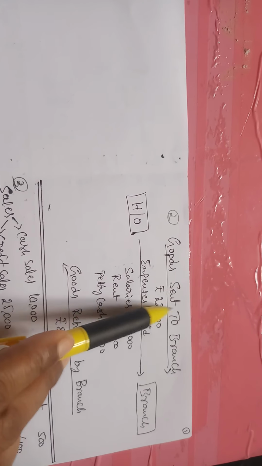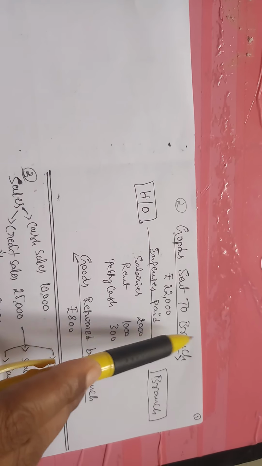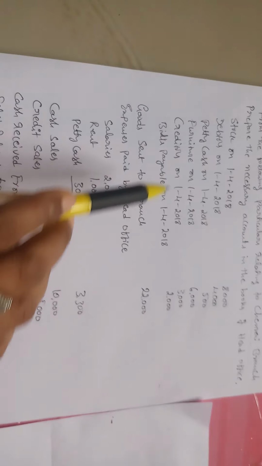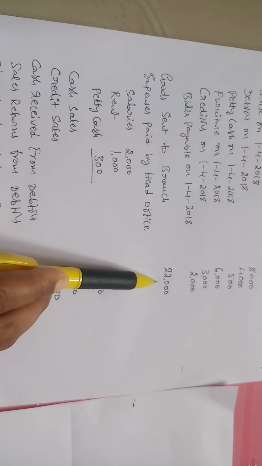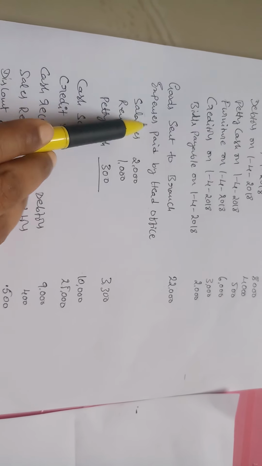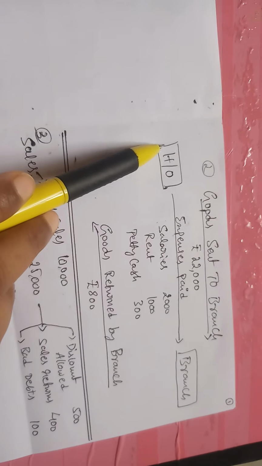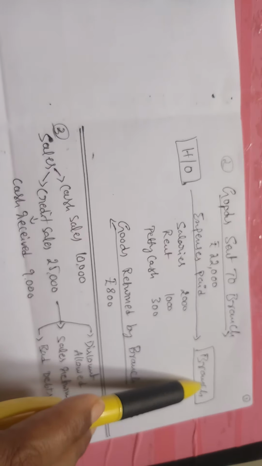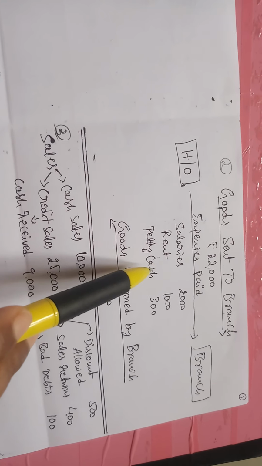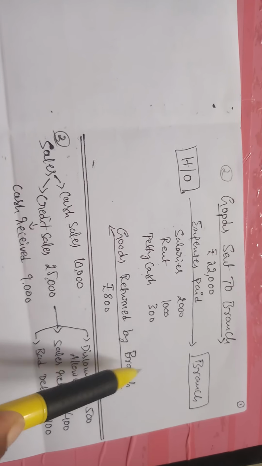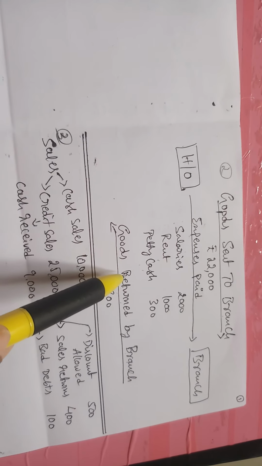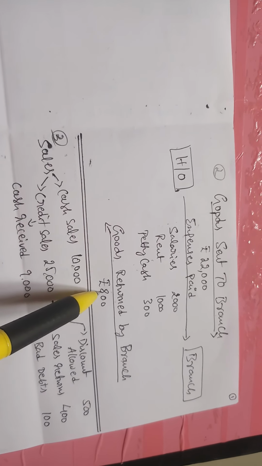How much did they send? 22,000. In the problem, goods sent to branch is 22,000. The remaining expenses are sent to the branch from the head office, so I'm taking the expenses the head office sent to the branch. What are the expenses? Salary, rent, and petty cash. So I wrote here. Next, goods returned by branch. Goods returned from the branch to the head office, that is 800 rupees.